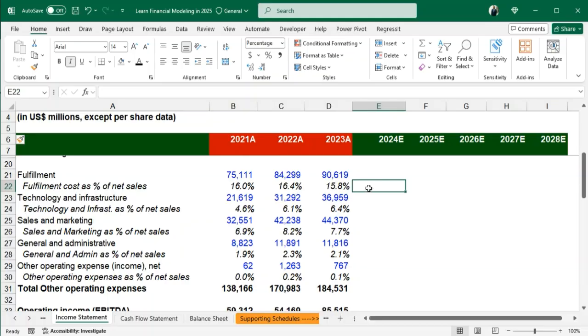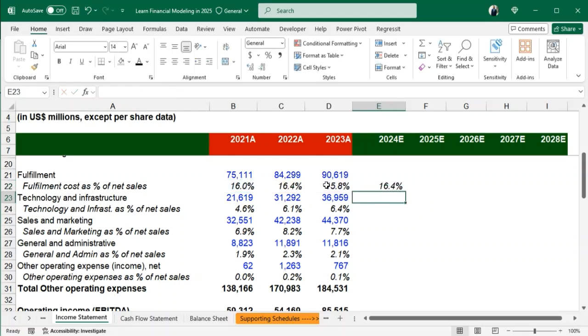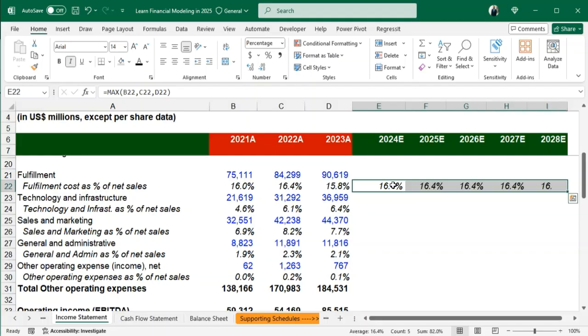All right. So we can have equals max. When you input max, this is going to allow us to input our figures. So we have the first number there. So I'll bring a comma, select the second number, comma, and the third one. Close my parentheses and hit enter. And that's going to return the maximum for me. I can copy this to the right using Control R.